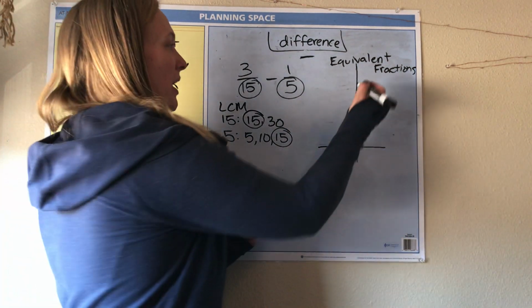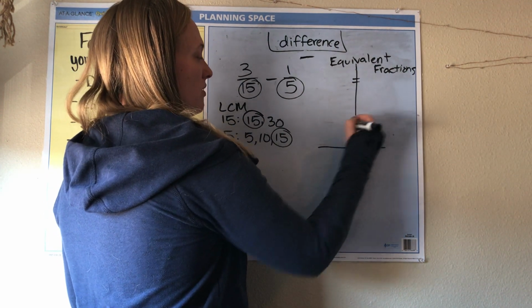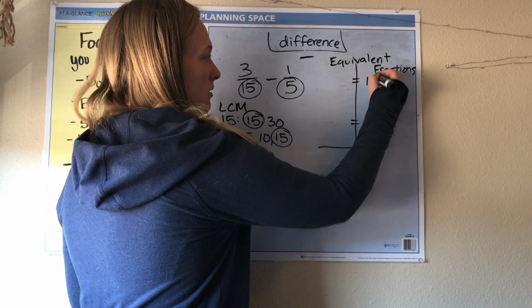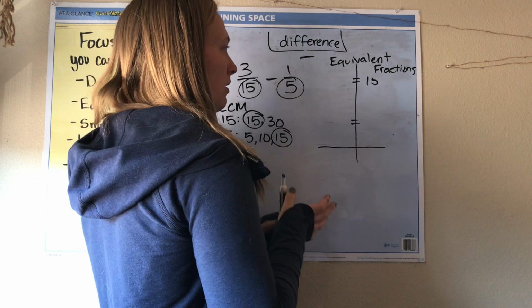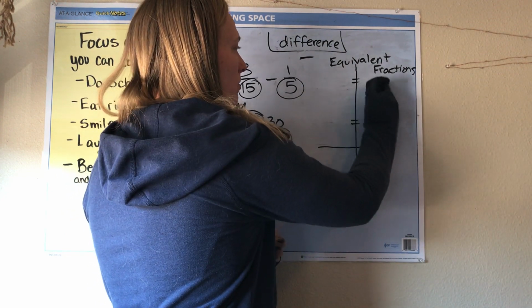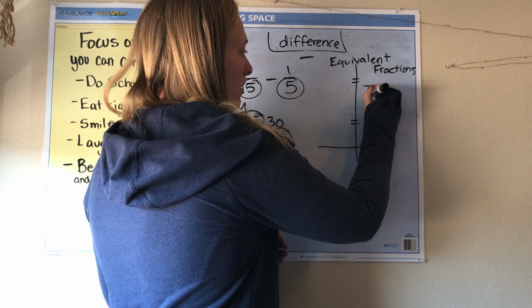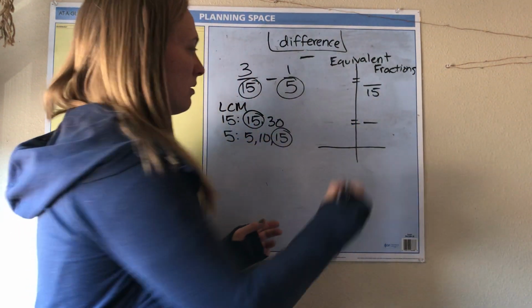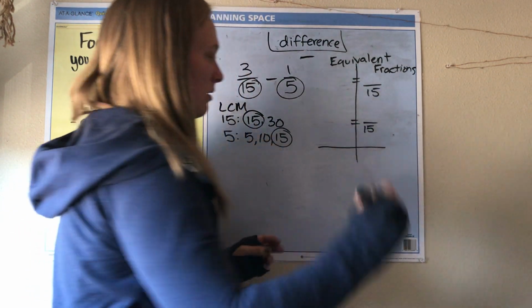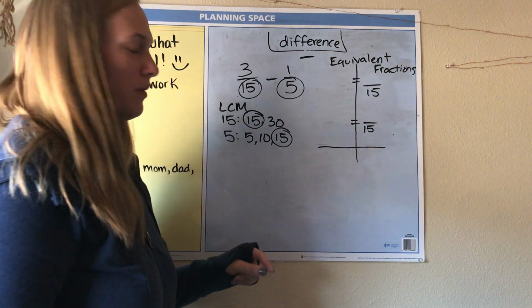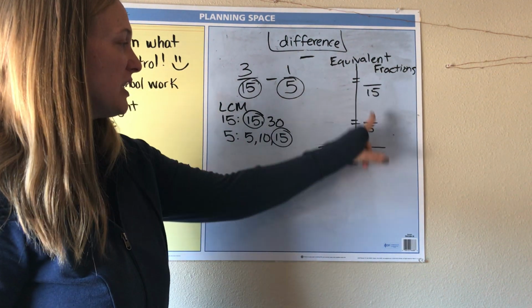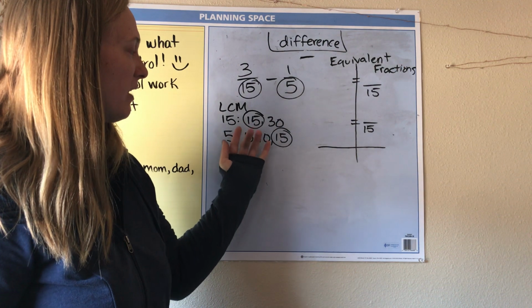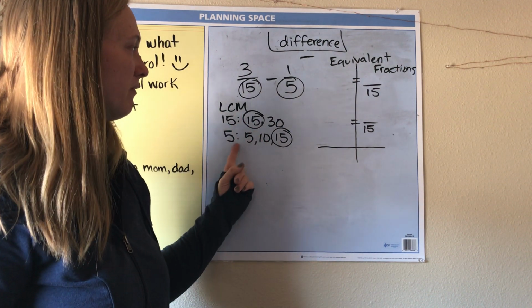Okay, so my common denominator is going to be 15. Oh, let me give a little more room. Okay, here we go. So 15 is my common denominator. I found it by finding the lowest common multiple of 15 and 5.